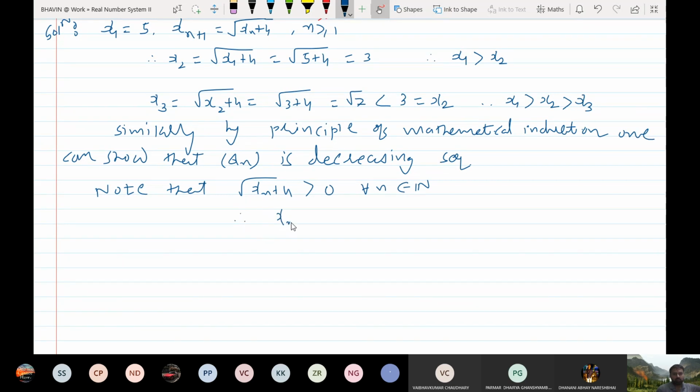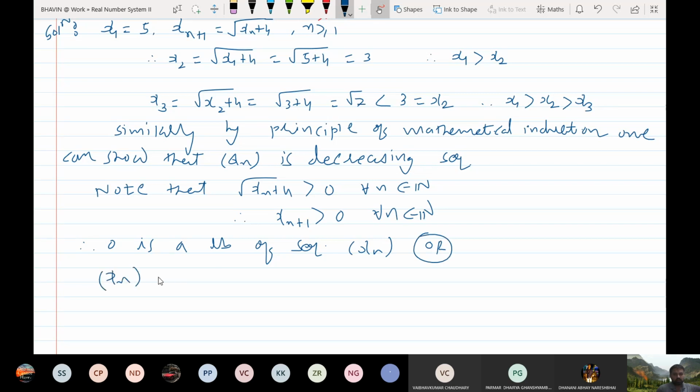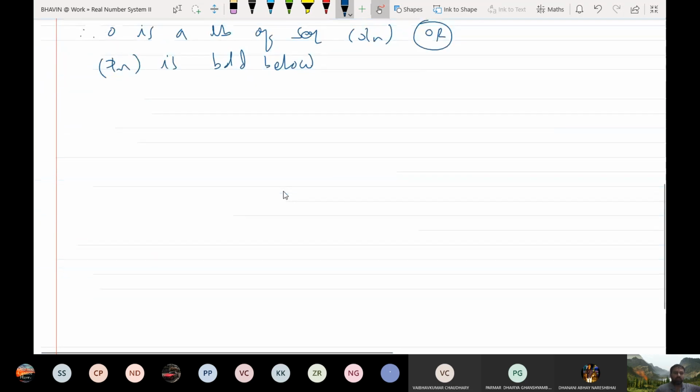So this is nothing but xn plus 1 greater than 0 for all n in N. So 0 is a lower bound of the sequence xn, or xn is bounded below. So I have shown that xn is decreasing and it is bounded below.